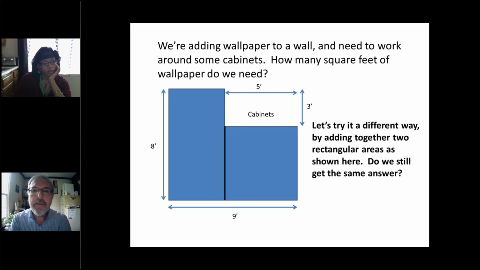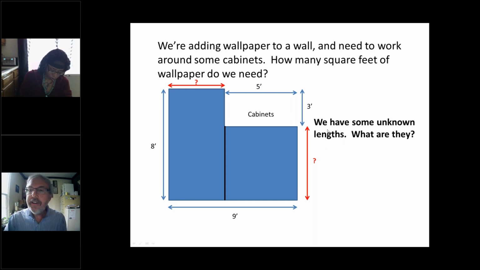So another way to do that would be, rather than taking the whole area and subtracting this, let's just draw a line down here and make 2 rectangles. We'll figure out the area of the left rectangle, and the area of the right rectangle. And when we're done, we just add them together, and then we've got the entire area. Okay?